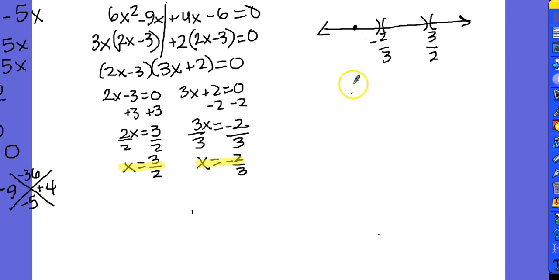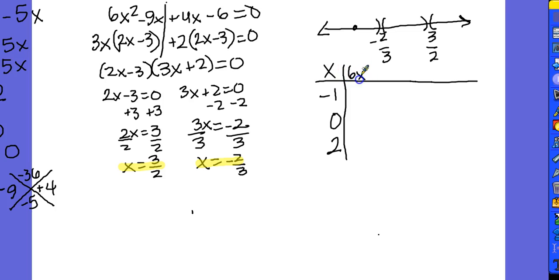Shall we pick negative 1? And shall we pick 0? And how about 2? Yeah, because that's 1.5, so we should probably pick 2. So we're going to pick those x's, and we're going to find out what happens.